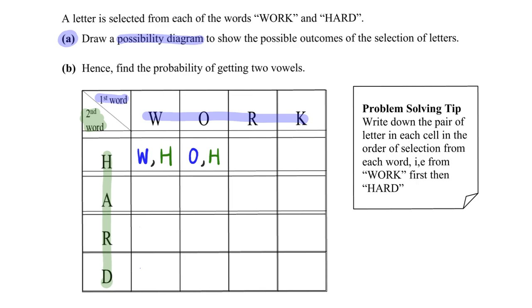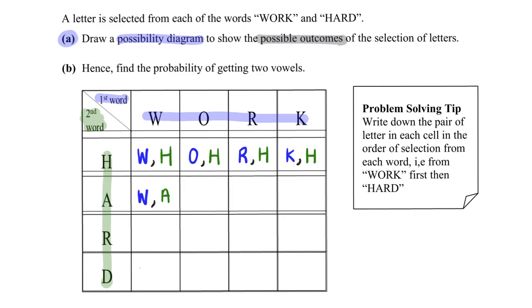So the first letter will be R, second letter will be H, continue, so on and so forth. Eventually you can see that I will then be able to list out all the possible outcomes. So this one will be W, second letter is A.